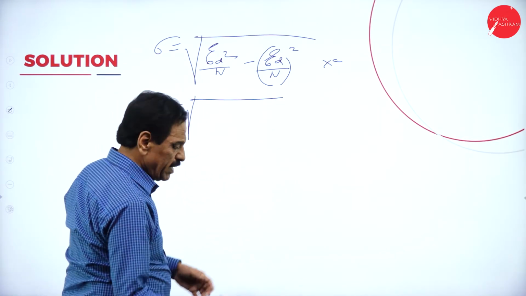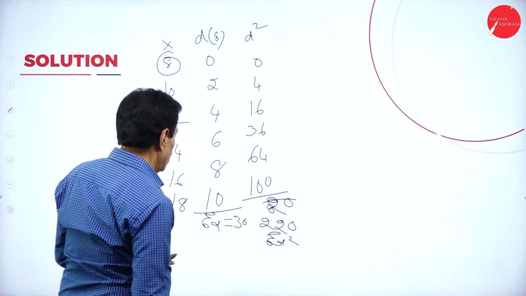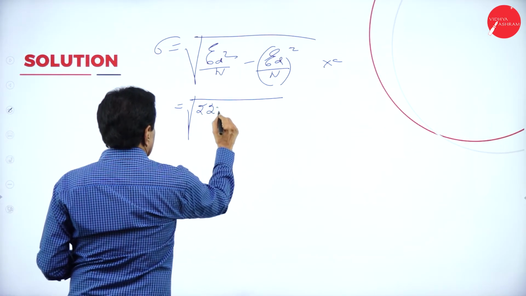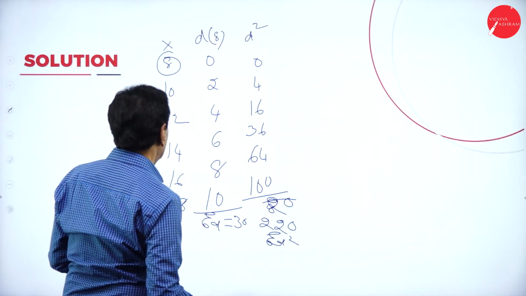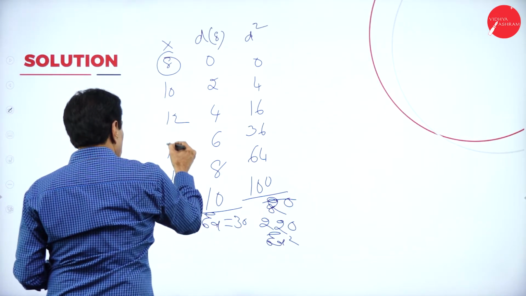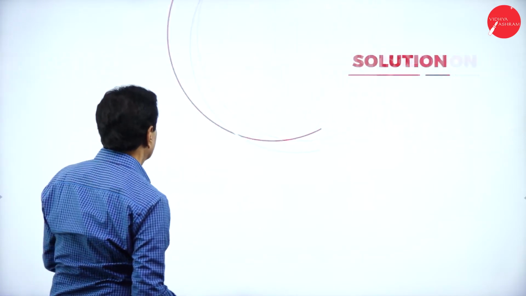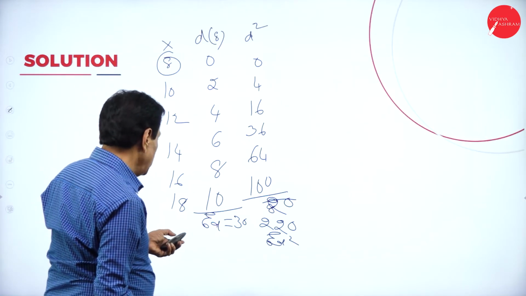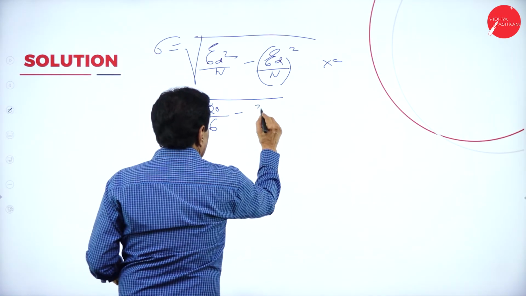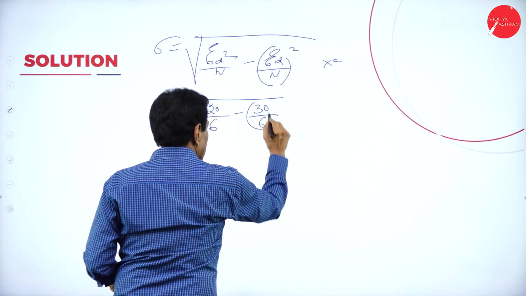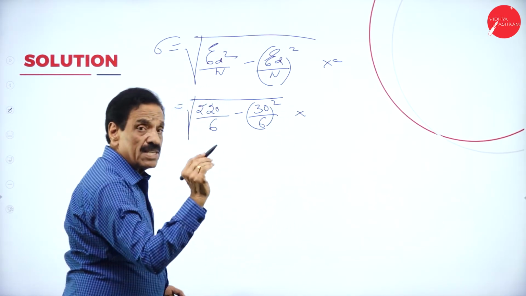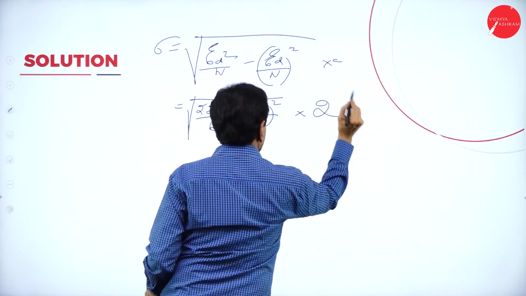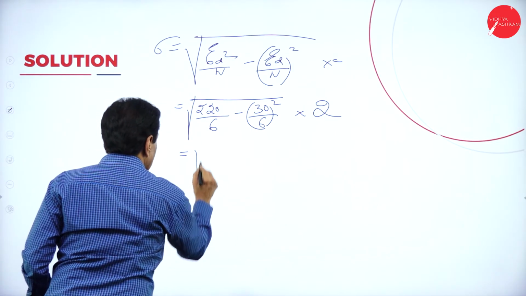What is your sigma d square? 220 divided by how many items are there? 1, 2, 3, 4, 5, 6. Divided by 6 minus sigma d, 30 divided by 6 whole square. Your class interval is 8, 10, 12, 14, 16, difference of 2.